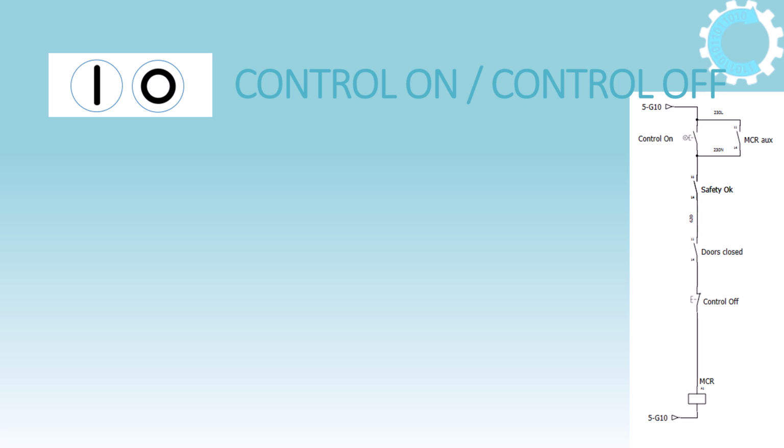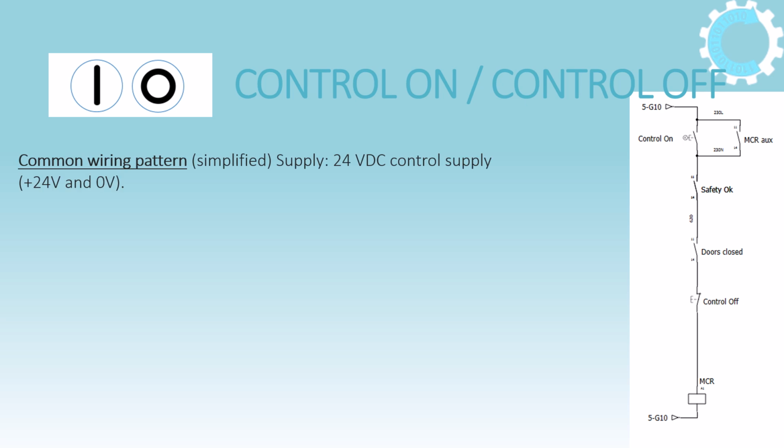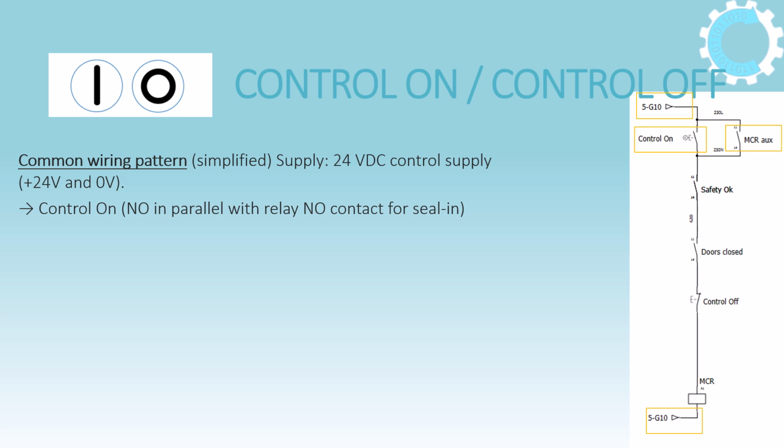To better understand the previous explanations, let's have a look at the simplified common wiring pattern of the power on and power off buttons, which looks like this. A power supply of 24 volts DC, which represents the control supply, is led through a series of contacts made up of, first, a normally open control-on push button, which is connected in parallel with a relay normally open contact for seal-in.